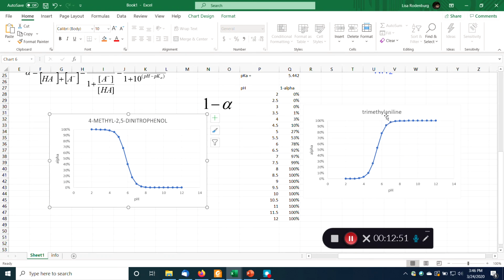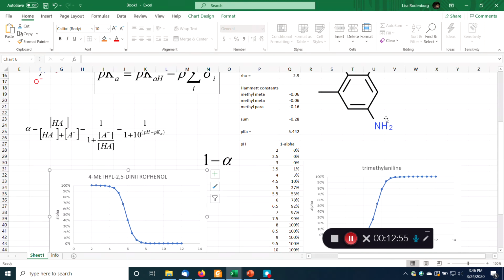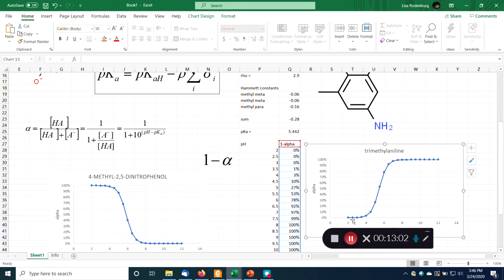For the aniline, at low pH, there's plenty of protons around to protonate this amino group. And so it's positively charged. So the amount that's in the neutral form is almost zero. Then as the pH goes up, there's more hydroxide around and less protons. That pulls off the proton that was on this amino group and leaves it just as you see it here in the neutral form. So the fraction in the neutral form goes up to almost 100%.